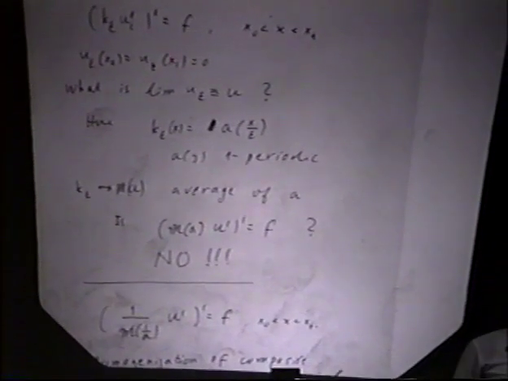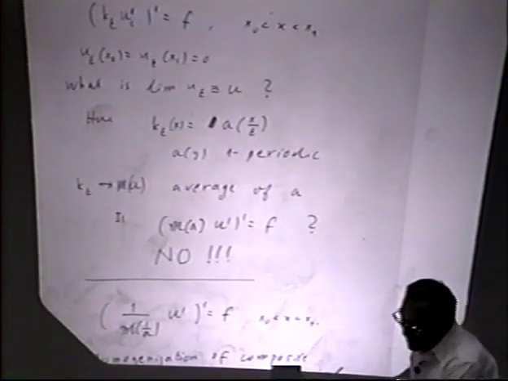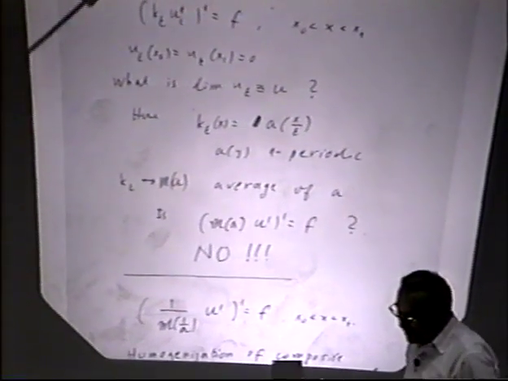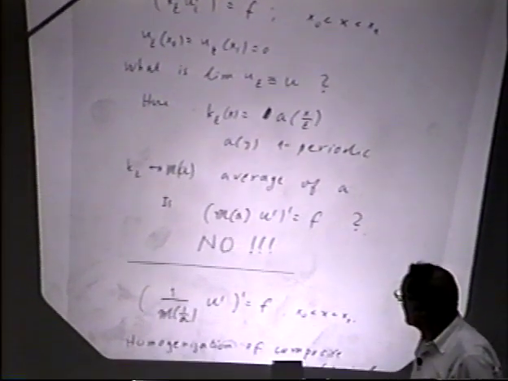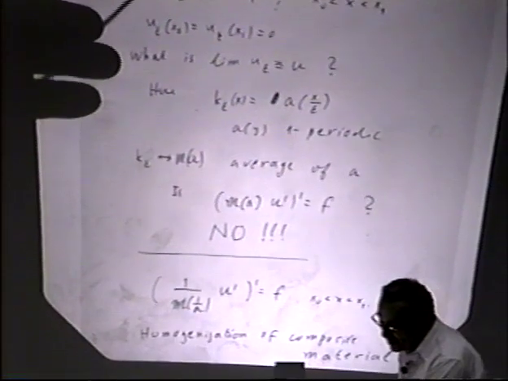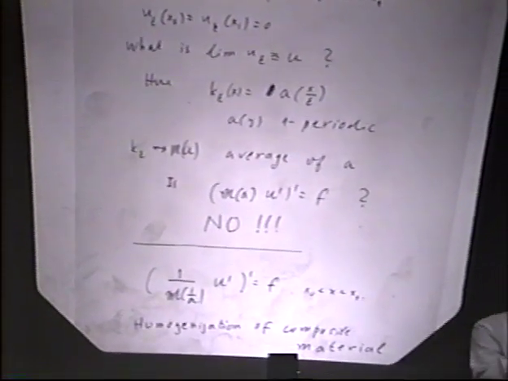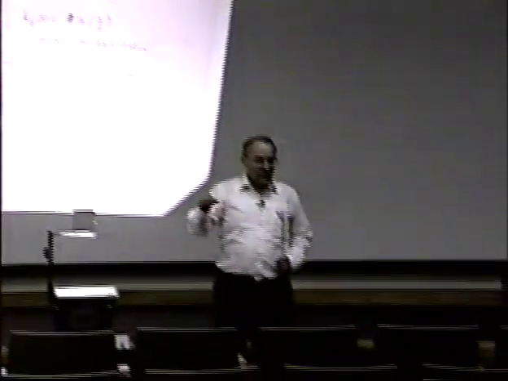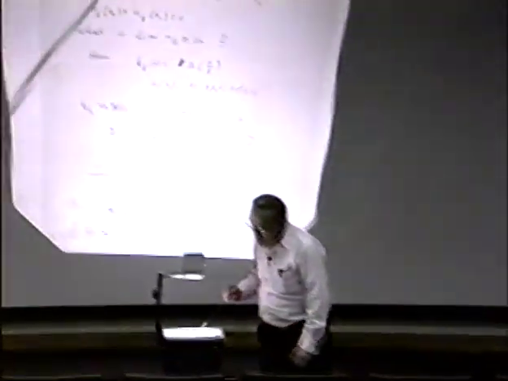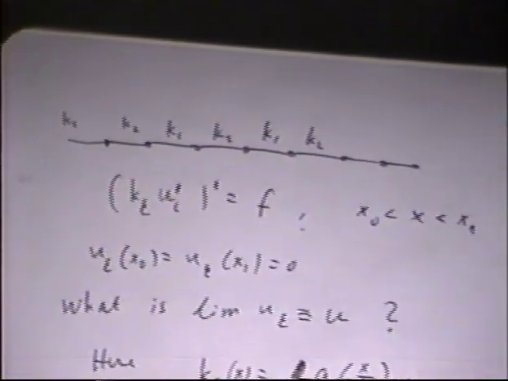Suppose you take two kinds of material, two kinds of electric material, one material with conductivity K1 and the second one with conductivity K2. And you put one piece next to another, say in a periodic order. So you have K1, K2, K1, K2, K1 in some fixed interval.